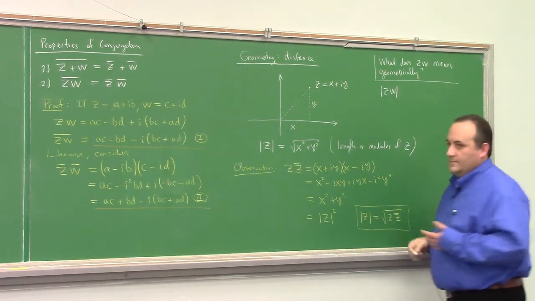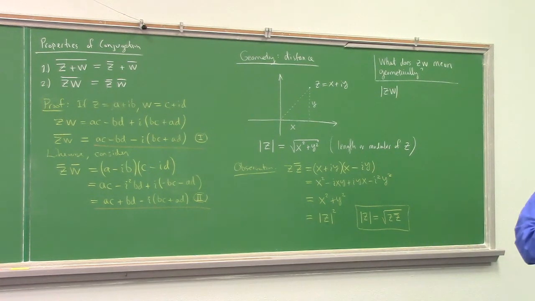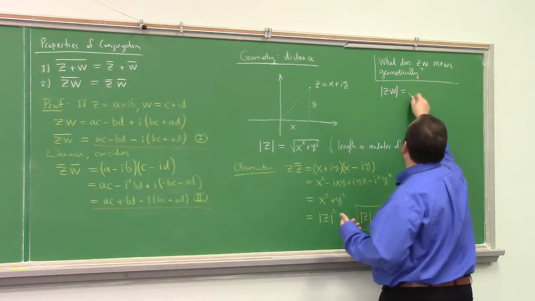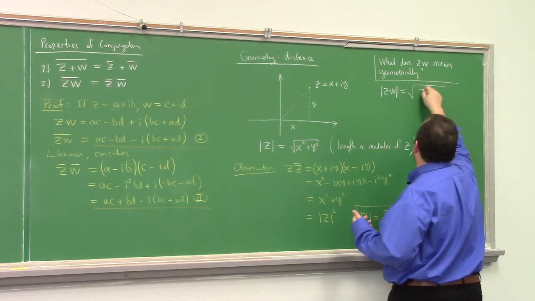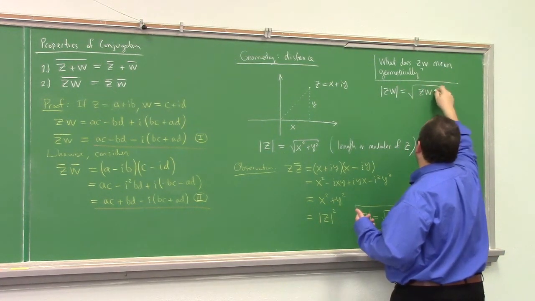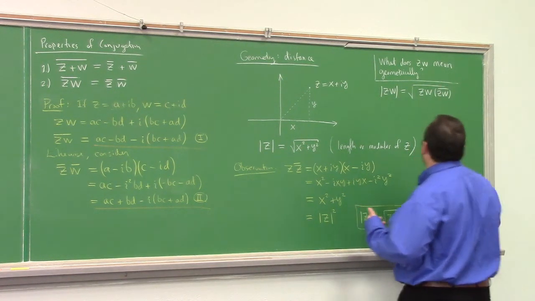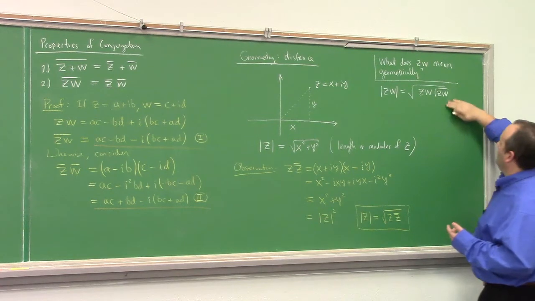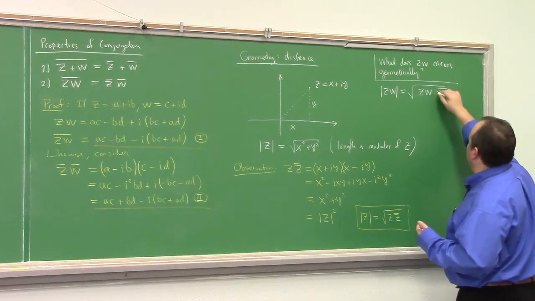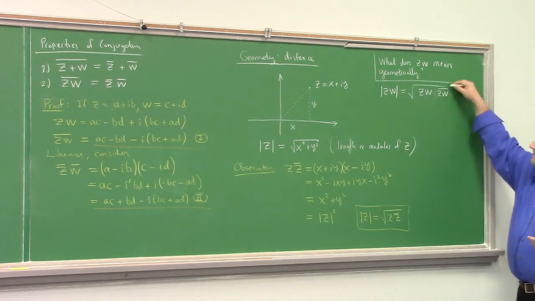The length of z times w is equal to the square root of zw times the conjugate of zw, right? The product of zw with its conjugate.